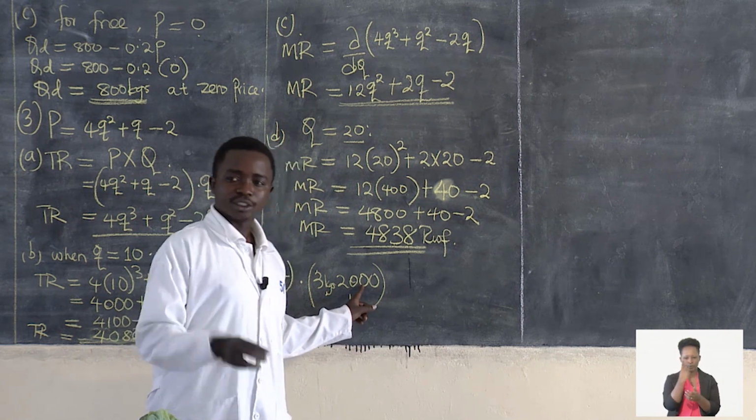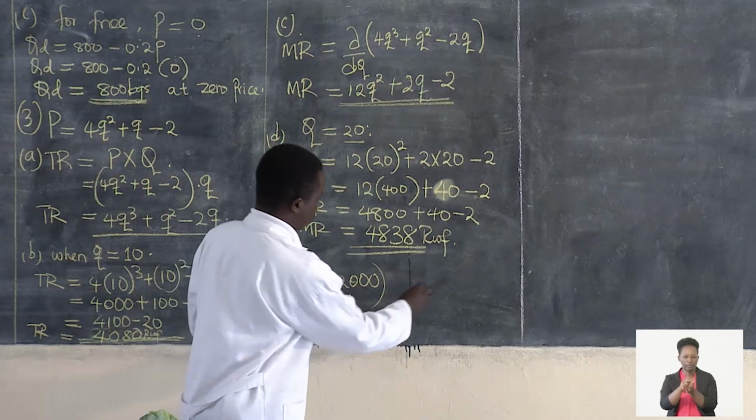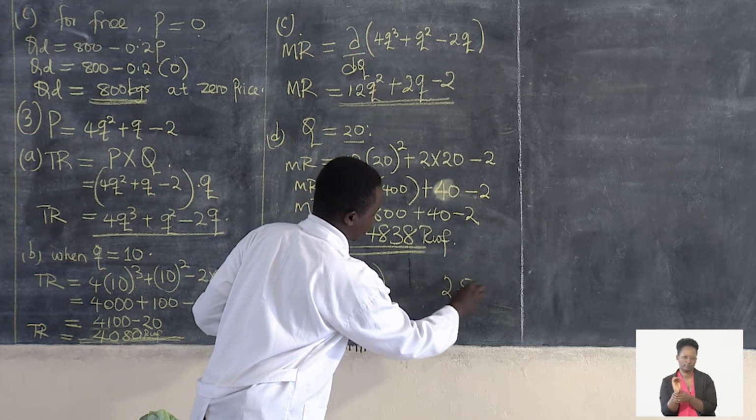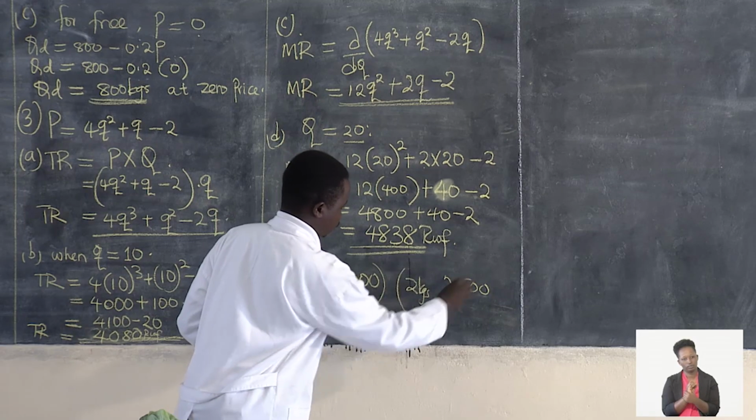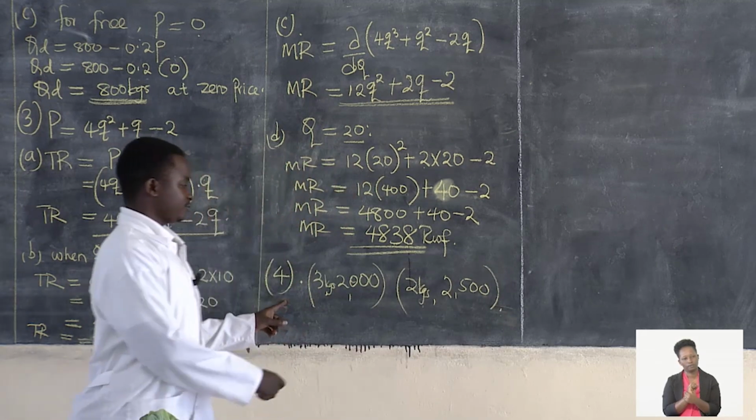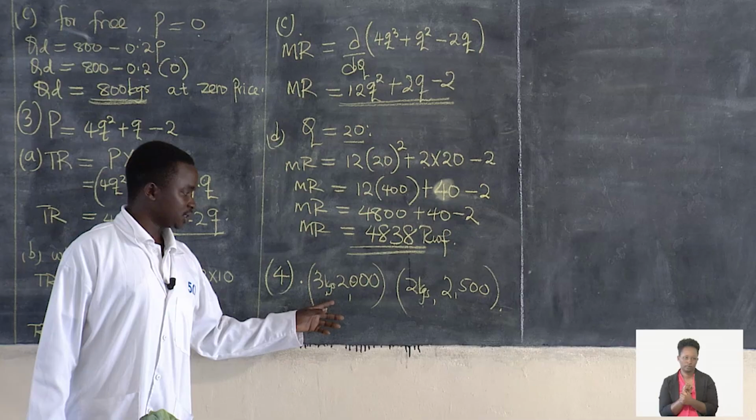When the price increases to 2,500, then he buys 2 kilograms. So we have to simplify it in this way.